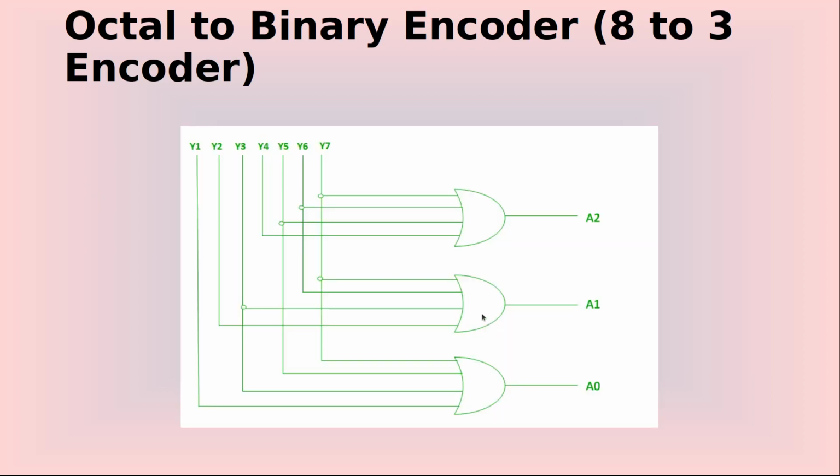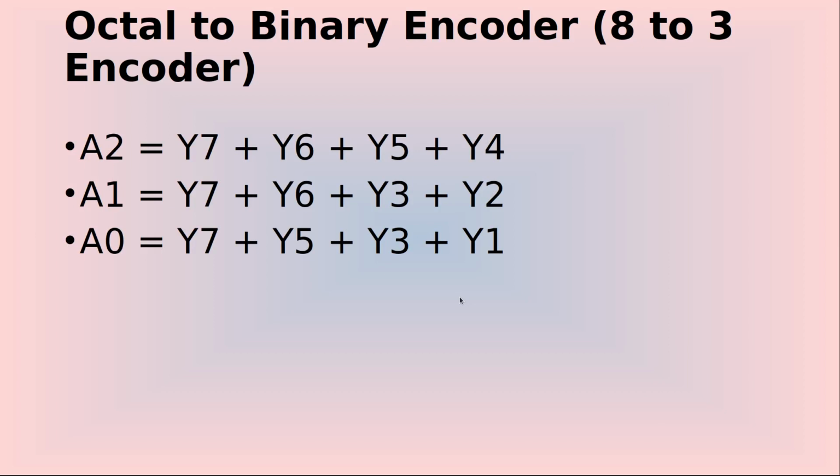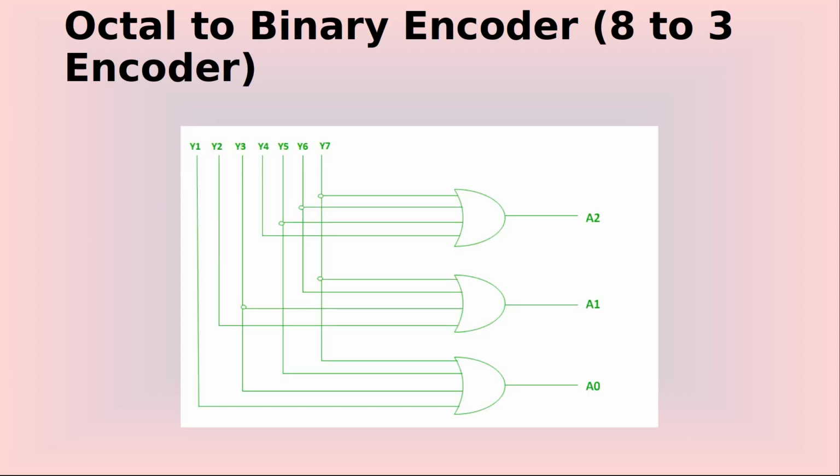Then this is the octal to binary encoder. It consists of 3 OR gates. What is the formula for an OR gate? A plus B. So that's why we use the plus sign between the inputs.